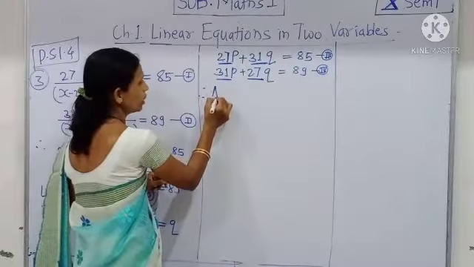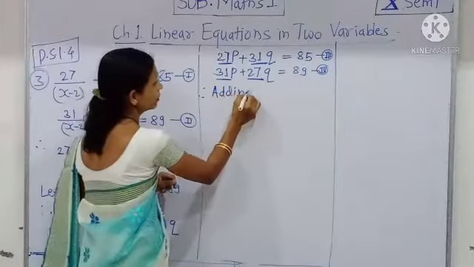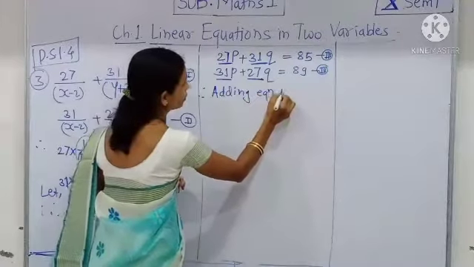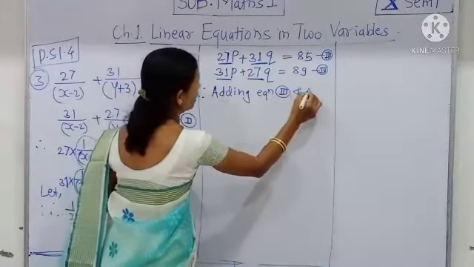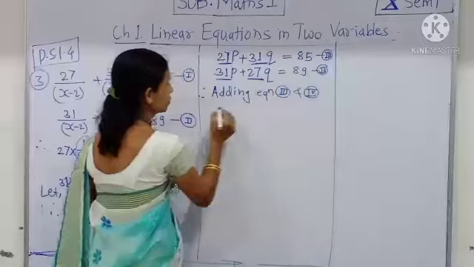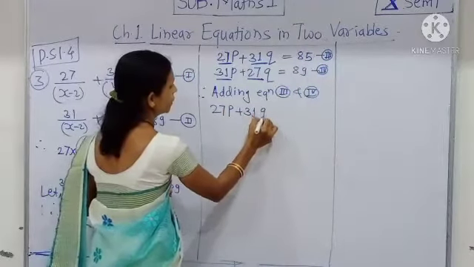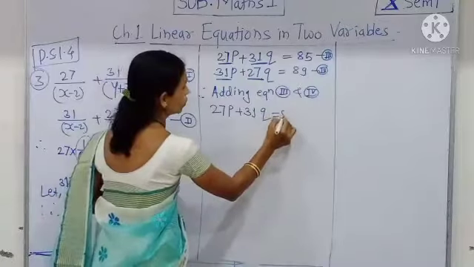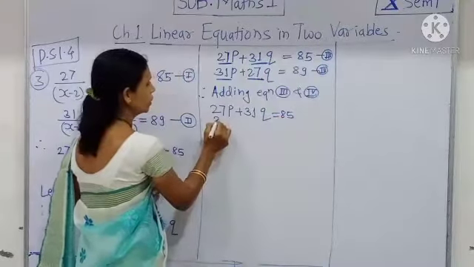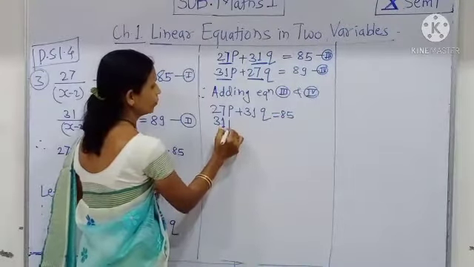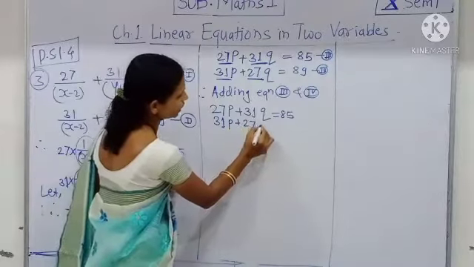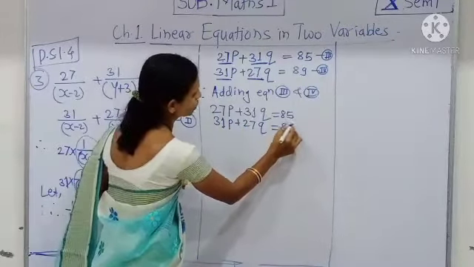Therefore, first of all, adding equation 3 and 4. Therefore, 27p plus 31q is equals to 85, and 31p plus 27q is equals to 89.